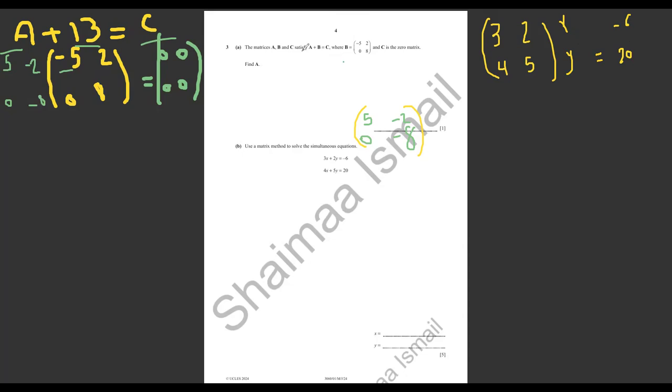Here we have to get the determinant. 3 times 5 minus 8, 15 minus 8, which is 7.